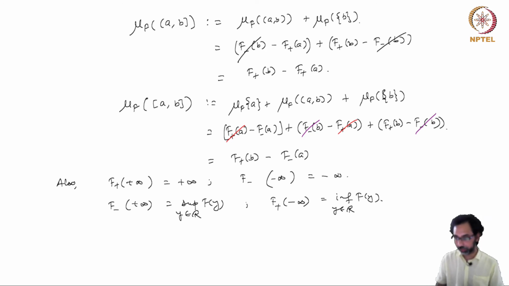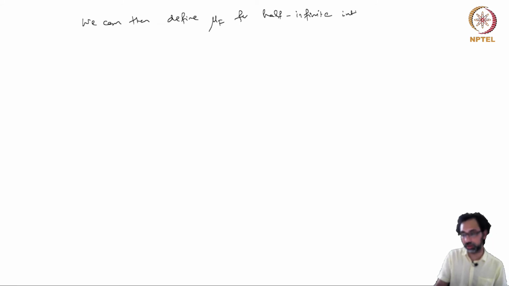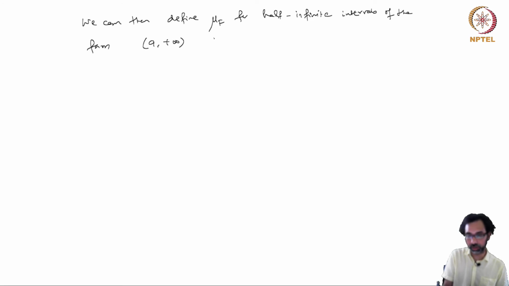So using this we can then define mu f for half infinite intervals of the form (a, plus infinity) or (minus infinity, a) and so on, and even (minus infinity, plus infinity).